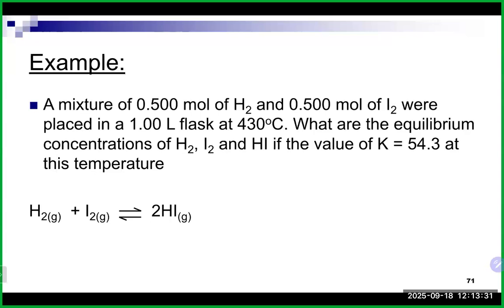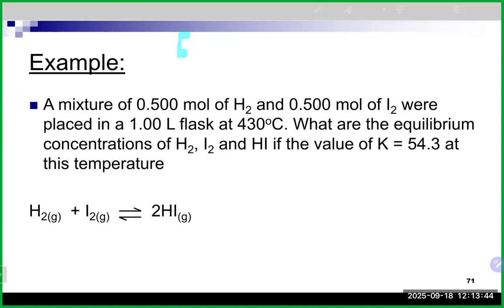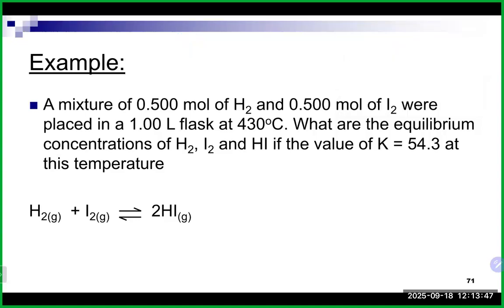Okay, let's take a look, see how you're doing on this one. Again here, we have some moles given to us and some volumes, so we can get some molarity. Let's write with something better than the highlighter.